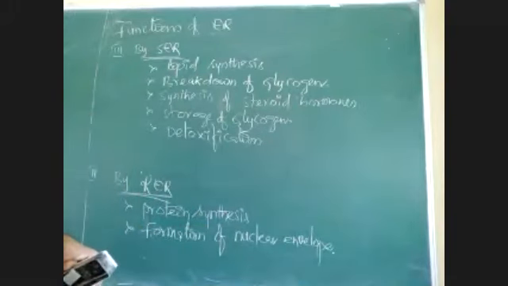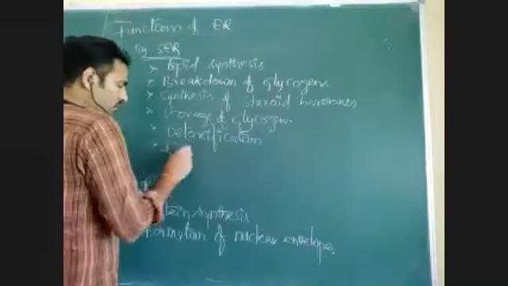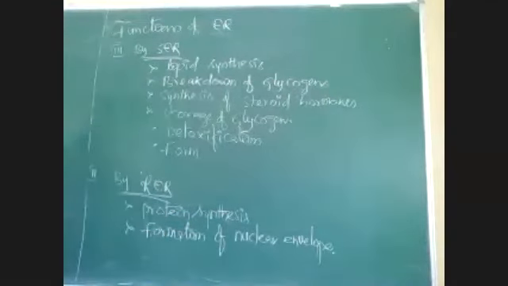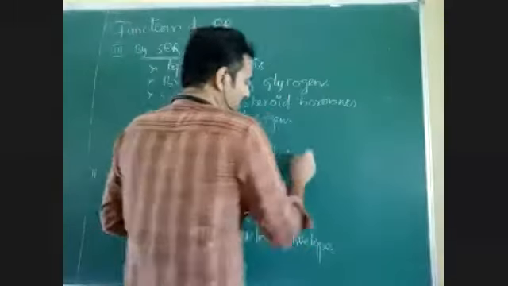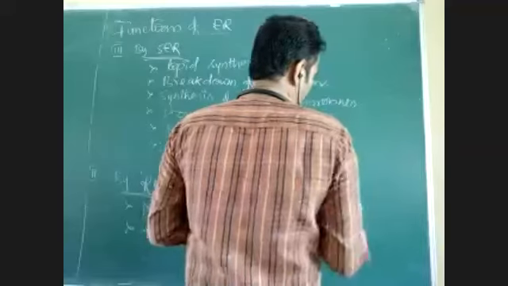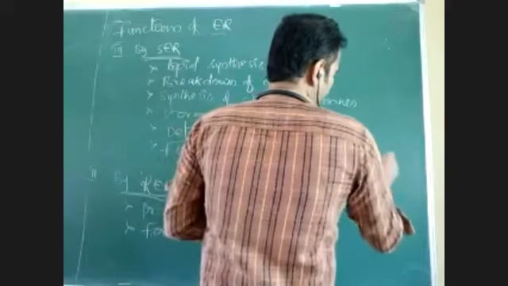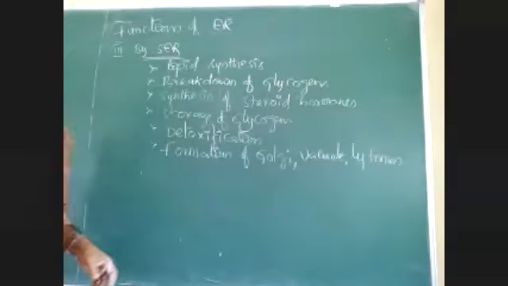And I told you already, formation of Golgi complex, vacuole, lysosome, they are also formed from the smooth endoplasmic reticulum.